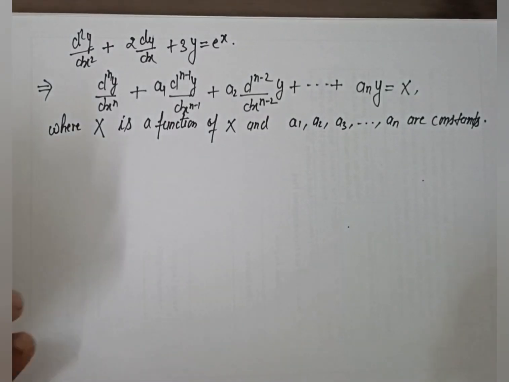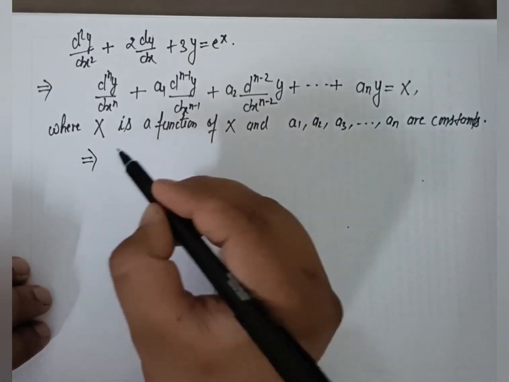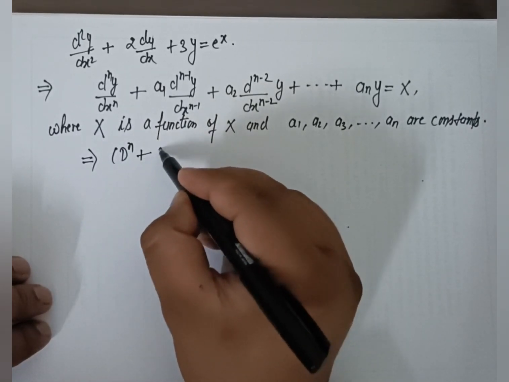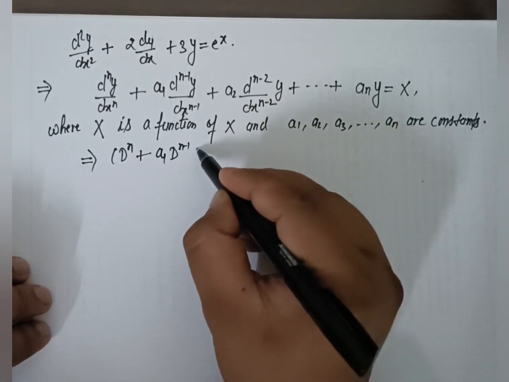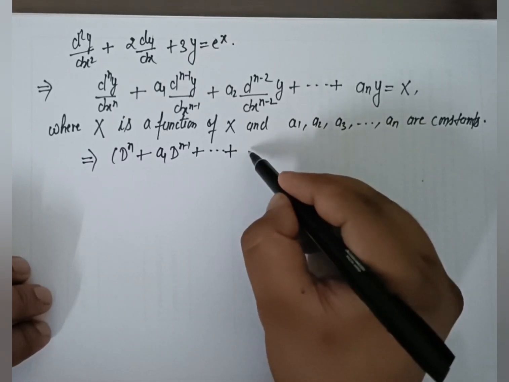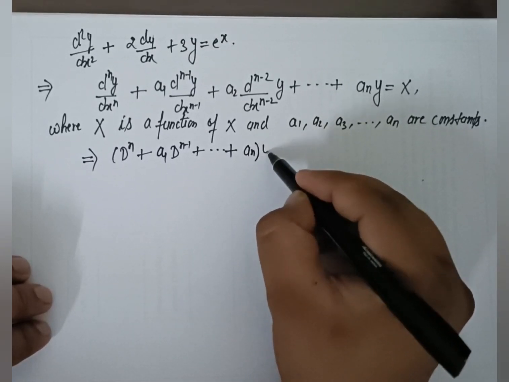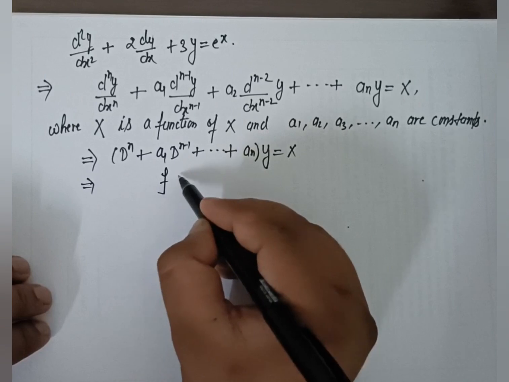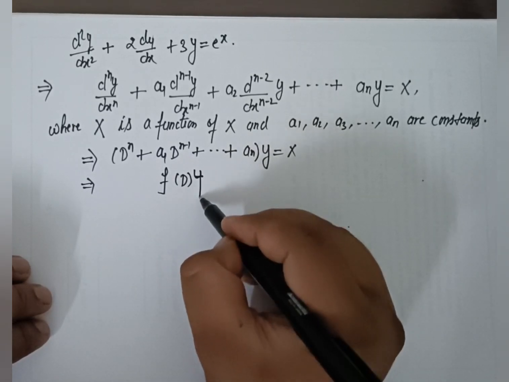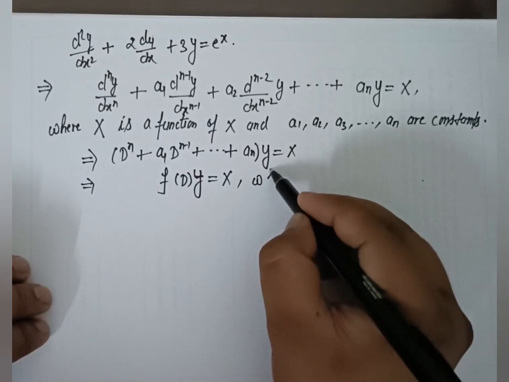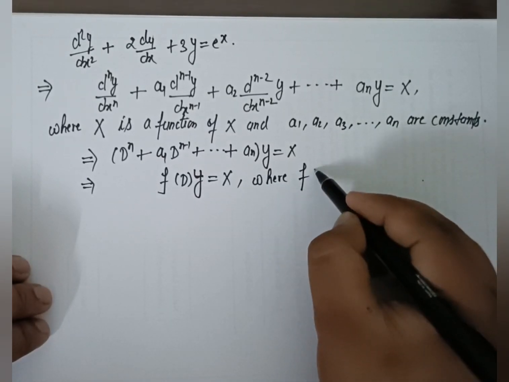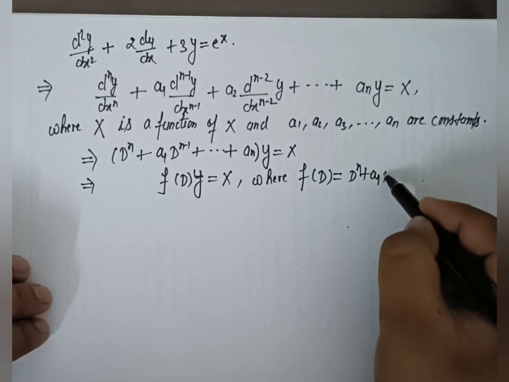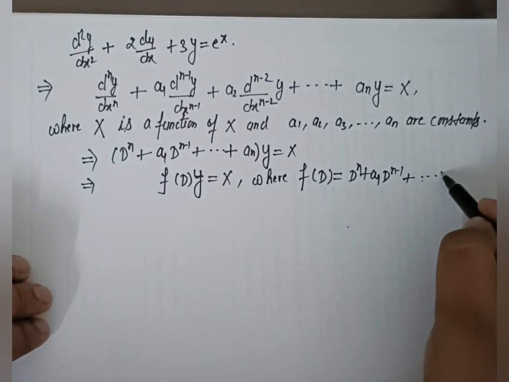Now guys, how can we write it? You can write it as D^n plus a1 D^(n-1) plus and so on plus an, applied on y, equals X. And you can rewrite it also as f(D) y equals X, where f(D) is the simple representation D^n plus a1 D^(n-1) plus and so on up to plus an.